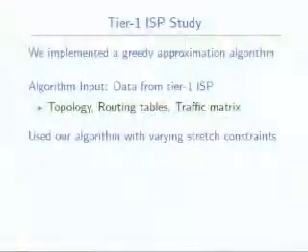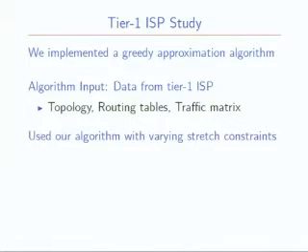As it turns out, this simple constraint problem can be mapped to the multi-commodity flow relocation problem, which turns out to be NP hard and has been studied quite a bit in the theory community. As a matter of fact, there was a SODA paper in 2004 that proposed an approximation algorithm with logarithmic bounds for this problem. For our purpose, we implemented a simple greedy approximation algorithm.